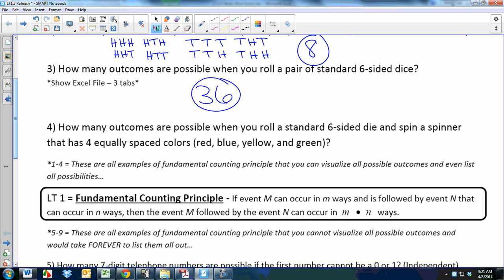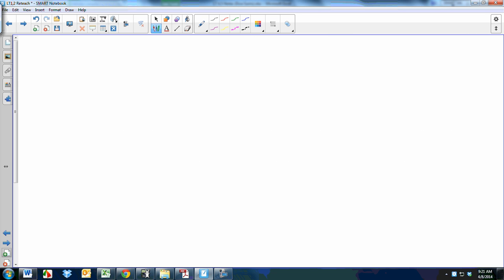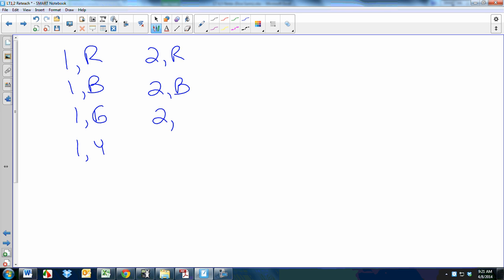I could even ask on the quiz tomorrow things about this set. So let me pull up a blank page. We just said that you would have outcomes of 1 red, 1 blue, 1 green, 1 yellow. 2 red, 2 blue, 2 green, 2 yellow, etc. 24 of them, right?